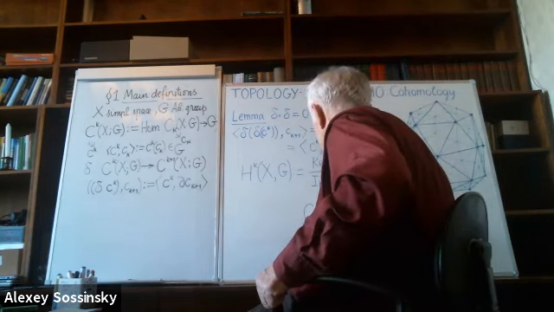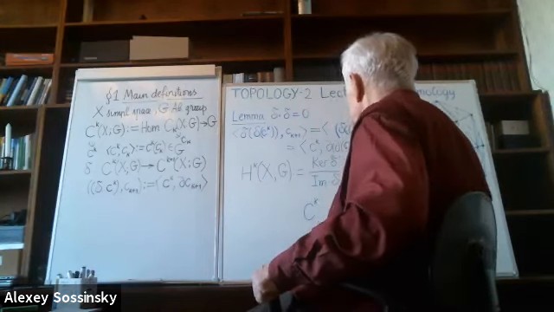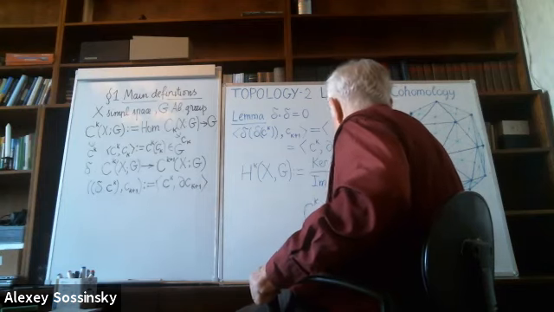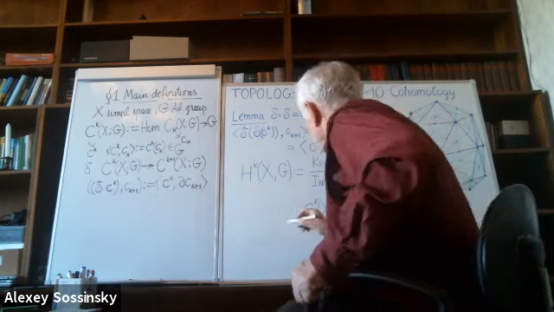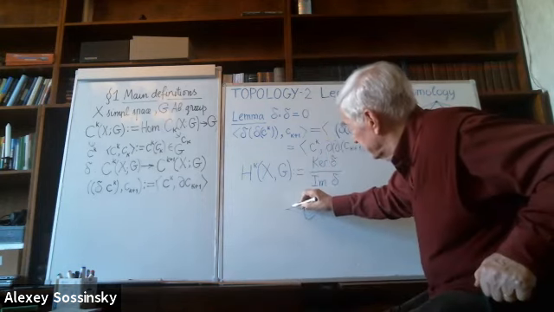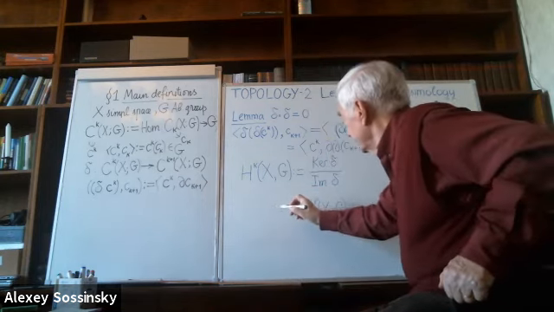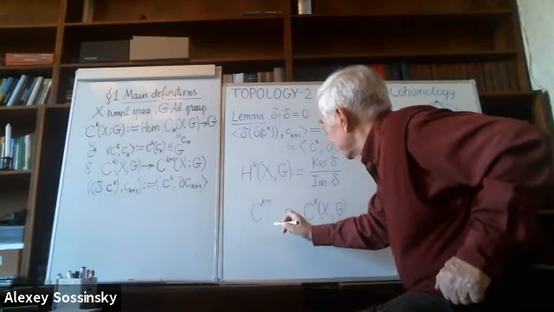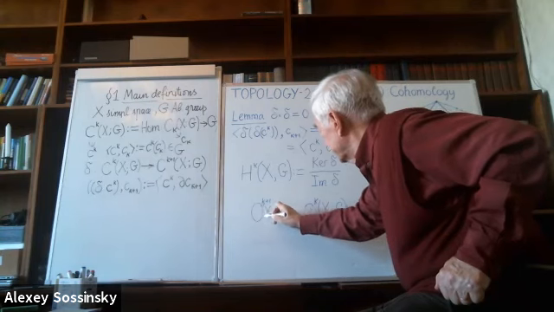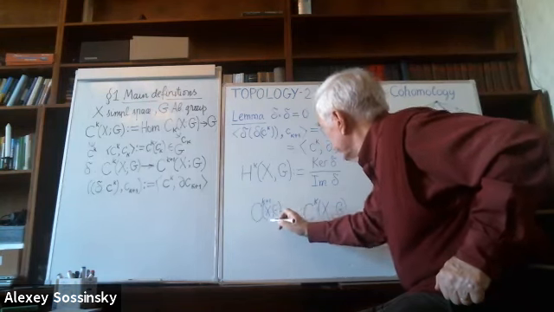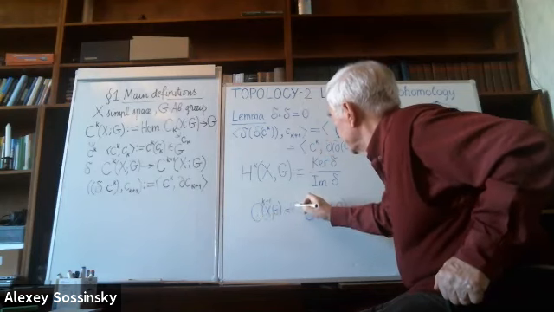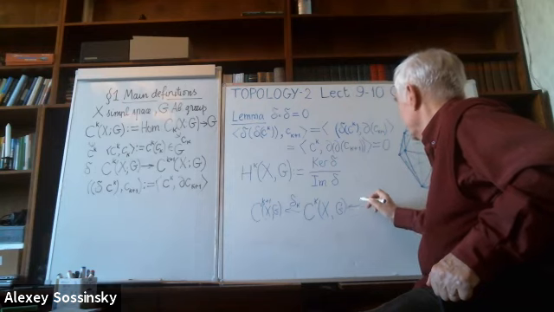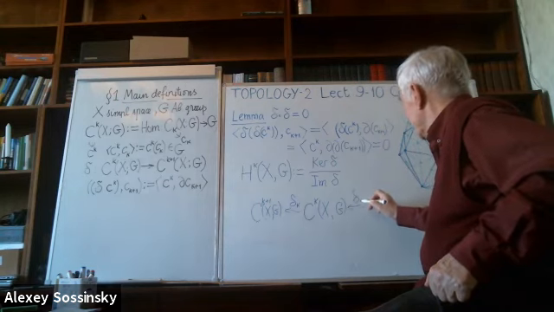We have C^K(X,G), which is mapped to C^(K+1)(X,G) by delta K. So here we have delta K minus 1.